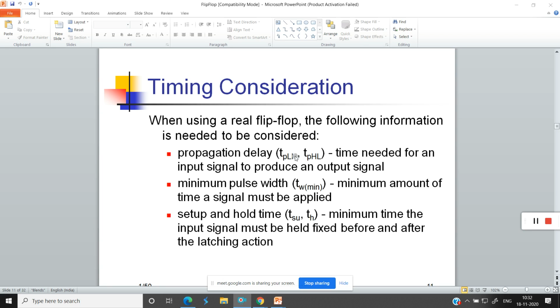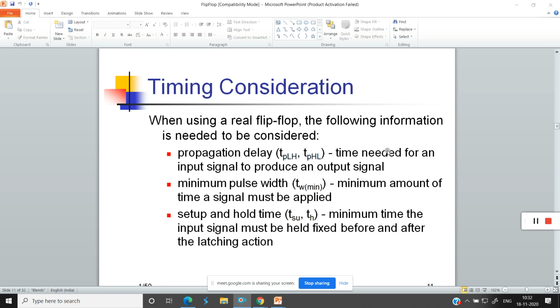So TPLH is the propagation delay time when the signal is moving from logic 0 to logic 1, that is low to high. TPHL means the propagation time when the signal is moving from high to low, or from logic 1 to logic 0.